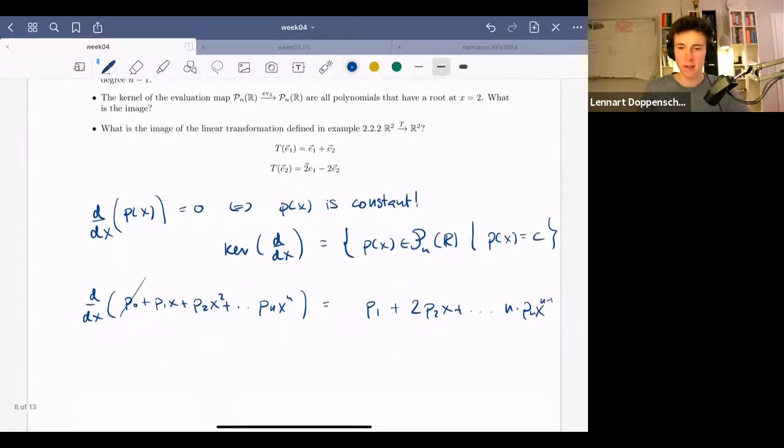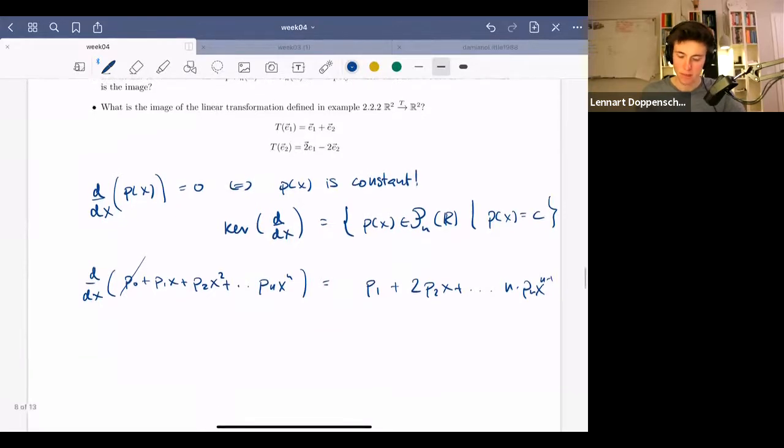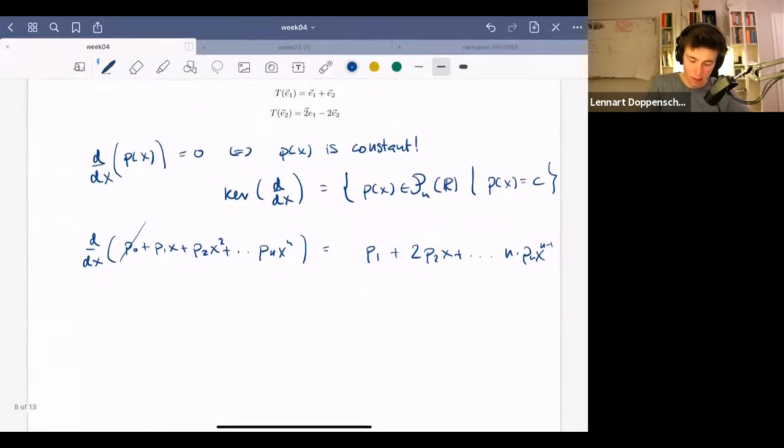But now notice that the derivative of a degree n polynomial is a degree n minus 1 polynomial. So this means that no degree n polynomial can be the derivative of a degree n polynomial. That's something that you all know, but just in this context, we can express this in terms of the image of the d/dx transformation.